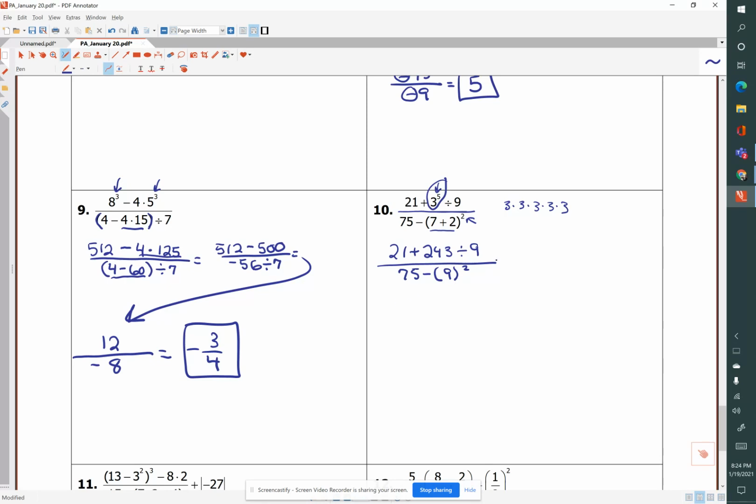So in our next step, the numerator, we're going to work this 243 divided by 9. So we'll have 21 plus 27. 243 divided by 9 is 27. In the denominator, we'll have 75 minus 9 to the second power, which is 9 times 9, which is 81.